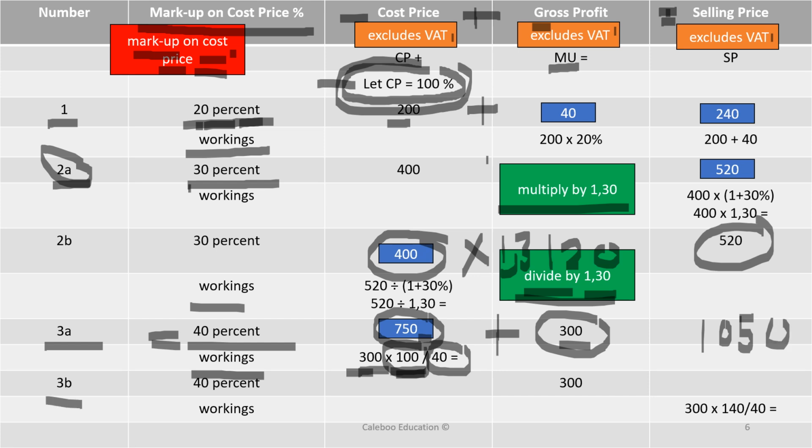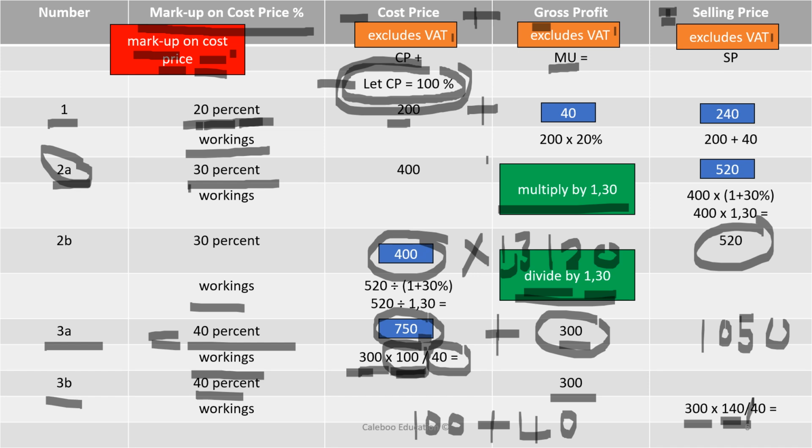Now at 3b, we're given the gross profit or the markup. If I want to go to the selling price, I say the markup multiplied by 140%, because 100%, the cost price, plus 40% is equal to 140, because the markup on the cost price is 40%.